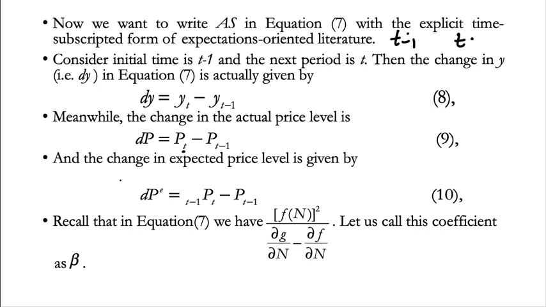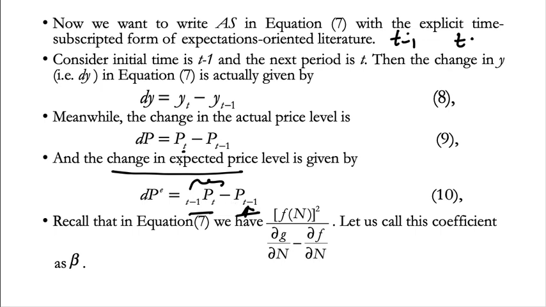Next, we have dPe, the change in expected price level, which is given by the difference between these two terms. You know already the price Pt minus 1 last year, and then t minus 1 Pt is the value of the price this year that we already made the expectation of last year. So this is the expected price of this year.